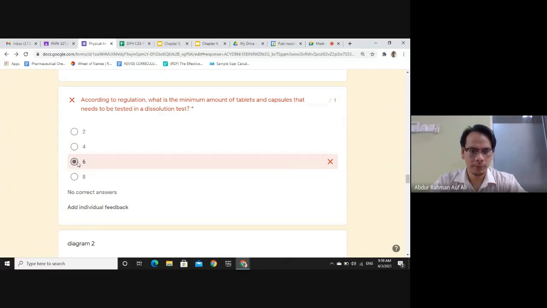Jawapan yang betul adalah 6. Okay, 6 is the minimum amount of tablets and capsules that needs to be tested. So kalau kamu nak buat any dissolution test for any drugs, the minimum amount adalah 6. Buat lebih tidak apa, buat kurang tak boleh.